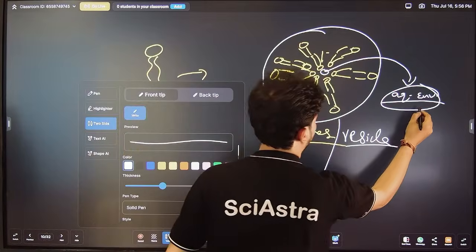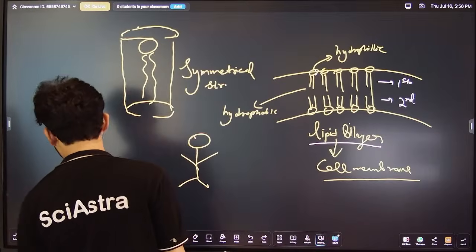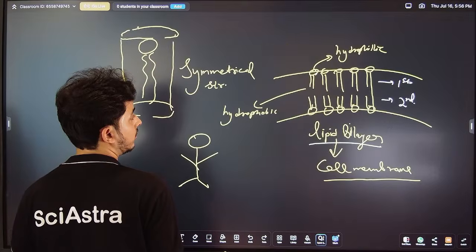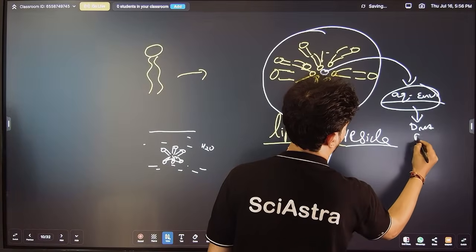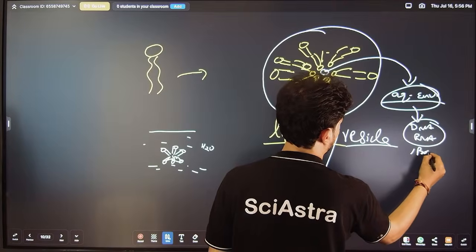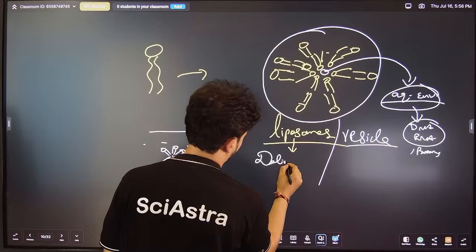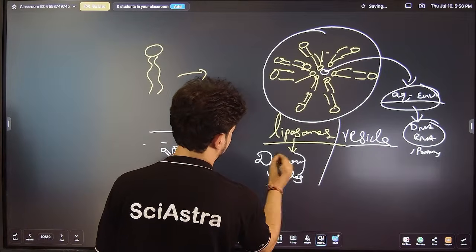In the aqueous environment you can have your DNA, RNA, the genetic material as well as your proteins. So these are used as delivery vehicles. Okay, these are used as delivery vehicles.